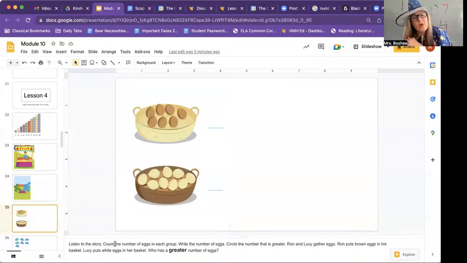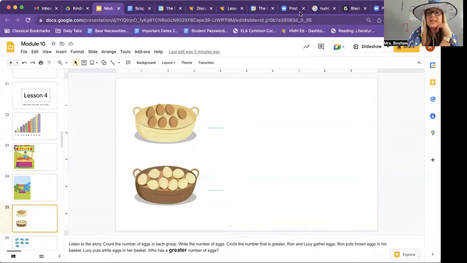Listen to the story, count the number of eggs in each group, and write the number of eggs on those blue lines. Circle the number that is greater. We're looking for the greater number this time. Ron and Lucy gather eggs. Ron puts brown eggs in his basket. Lucy puts white eggs in her basket. Who has the greater number of eggs?